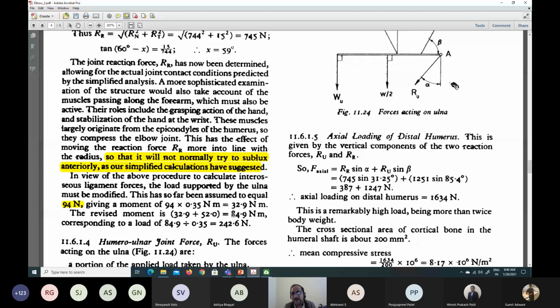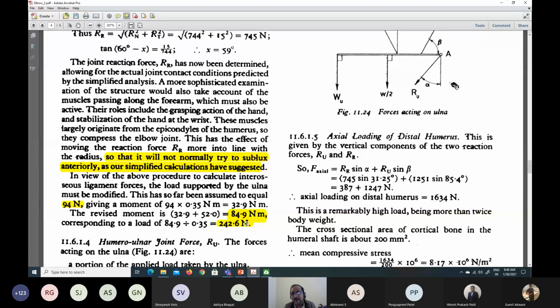So this is the revised moment of the ulnar force, and the corresponding load for the ulnar force would be 242.6. So this is divided by 0.35. Okay. So this is basically the load being carried by the ulna, considering the ligamentous system.